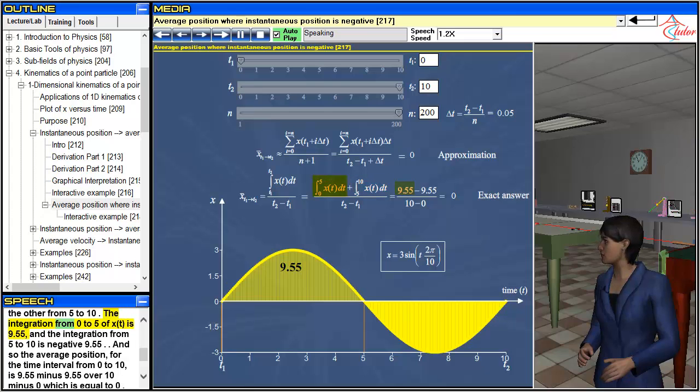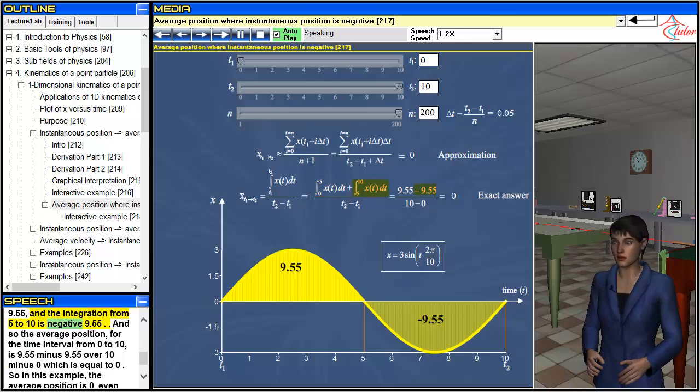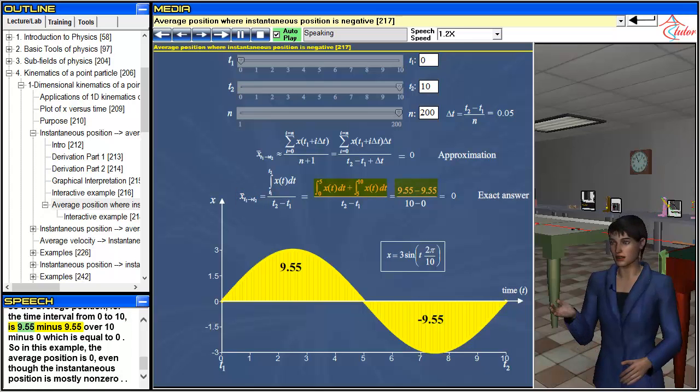The integration from 0 to 5 of x of t is 9.55, and the integration from 5 to 10 is negative 9.55. And so the average position, for the time interval from 0 to 10, is 9.55 minus 9.55, over 10 minus 0, which is equal to 0.